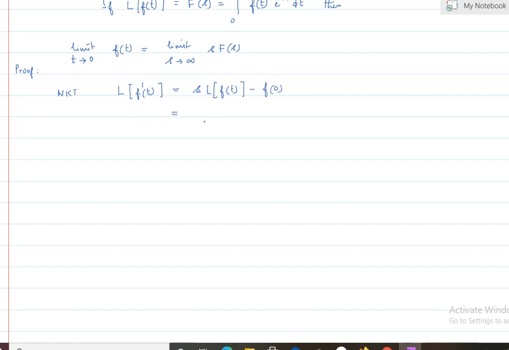That is nothing but s into F of s minus f of 0. By statement, Laplace transform of f of t equal to capital F of s.